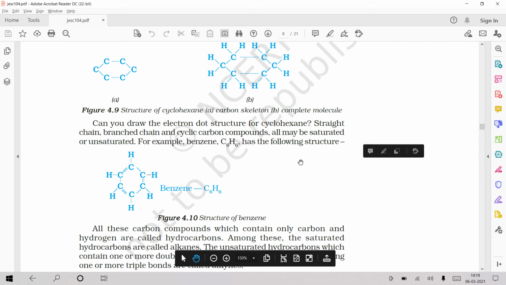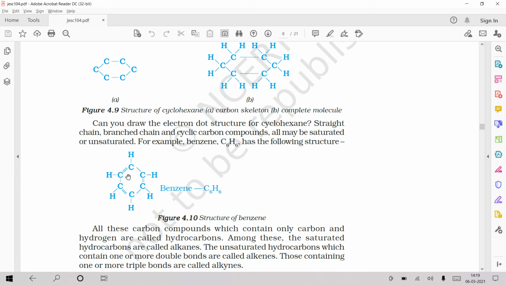Similarly, we can also draw another structure. For example, you can take the same ring and put double bonds such that once you have a double bond between carbon-carbon, then it can have only one hydrogen, because the carbon valency should be 4. You should never write more than 4 bonds to a carbon in a stable structure like this. So this is where you have double bonds alternately. You see, these two carbons are having a double bond, then a single bond, then a double bond.